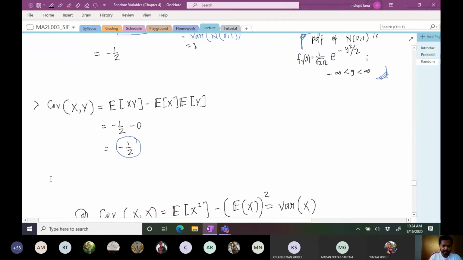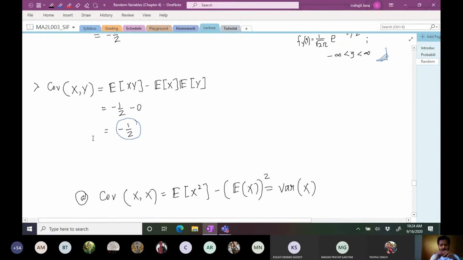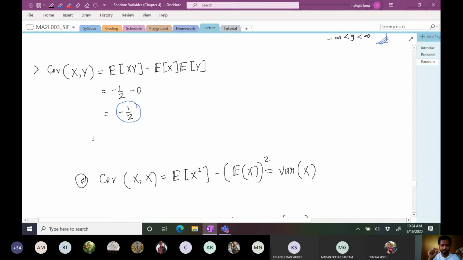All right. So next, what I want to say about covariance is that it is usually calculated between two random variables x and y.